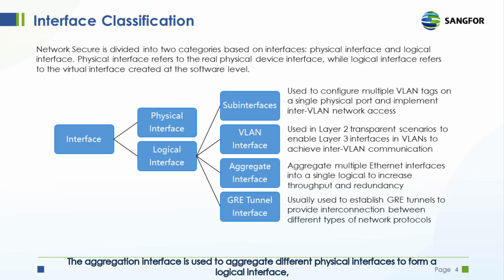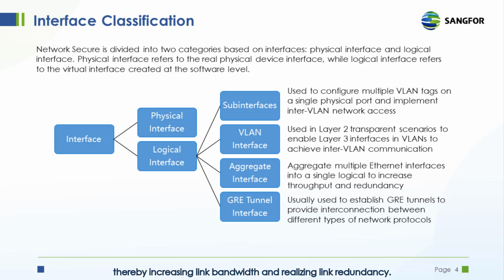The aggregate interface is used to aggregate different physical interfaces to form a logical interface, thereby increasing link bandwidth and realizing link redundancy. The GRE tunnel interface is used to create GRE tunnels, mainly used to establish virtual point-to-point connections between different networks, and supports the encapsulation and transmission of multiple network protocols.